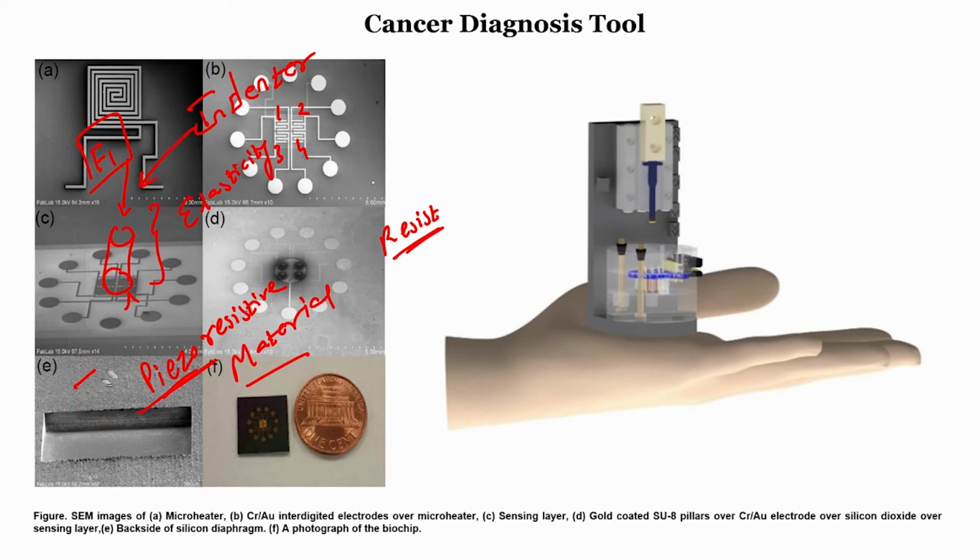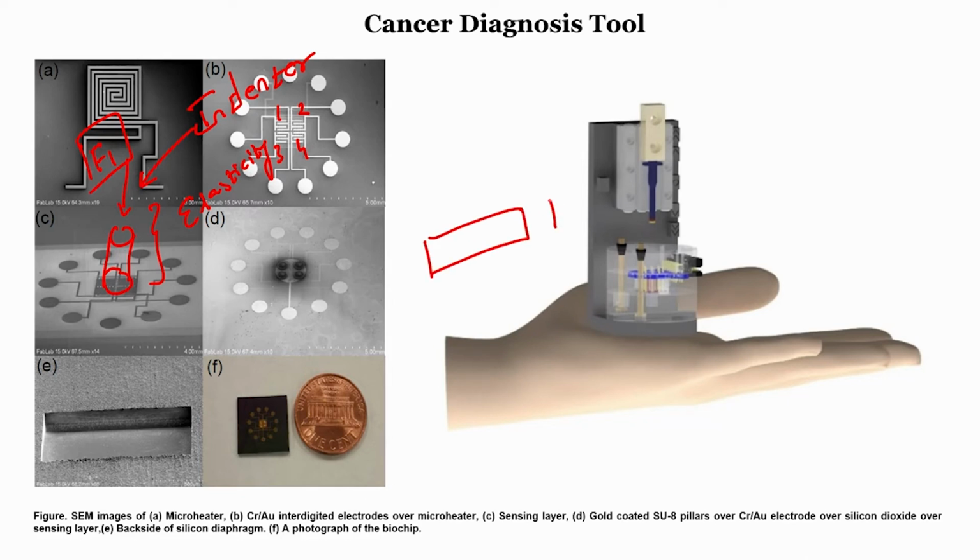Now when I want to apply a force, the piezoresistor will change its resistivity only when it is able to measure the change in the force. So suppose I have a silicon wafer with a diaphragm like this. If I apply a force here and I apply a force here, which one will bend?